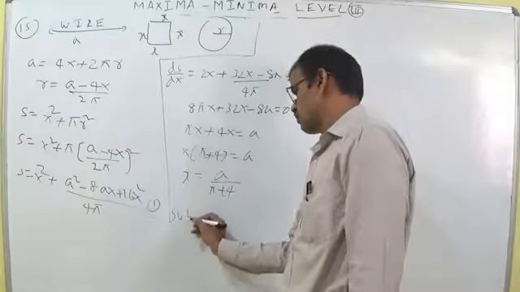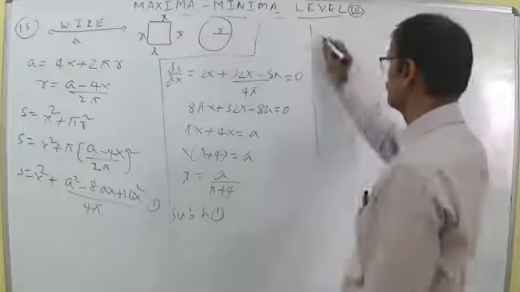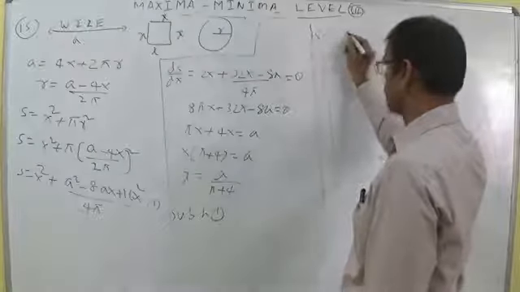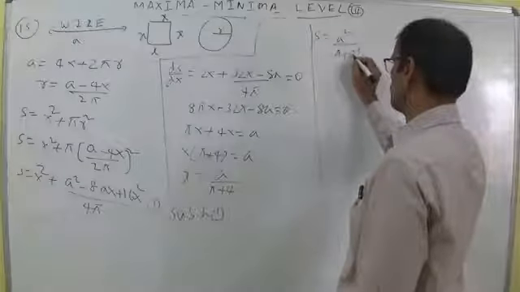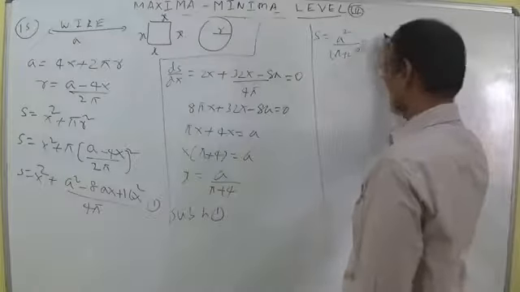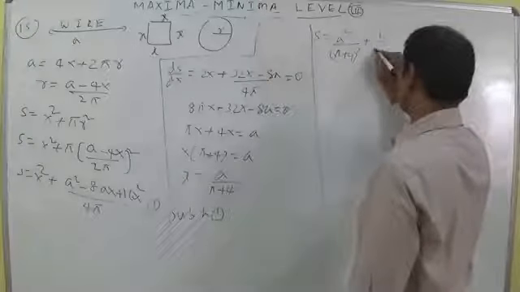Sub in 1, we get the value. So S is equal to, instead of x you can write a, a square by (pi plus 4) whole square plus a square. I am taking common, students, 1 by 4 pi.